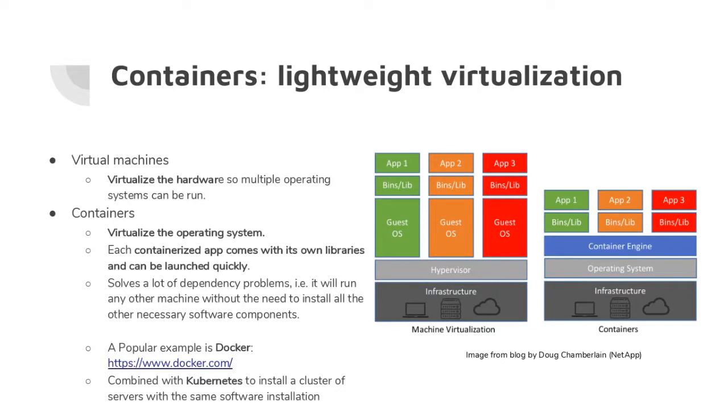A popular example is Docker, and it's often combined with Kubernetes to install a server or maintain a cluster of different servers with the same installation. Is it done for more efficient, faster running of different applications? Yeah, it's mostly indeed efficient, and it's faster because the container is lightweight. You can more quickly start and stop different containers. So that's an advantage.